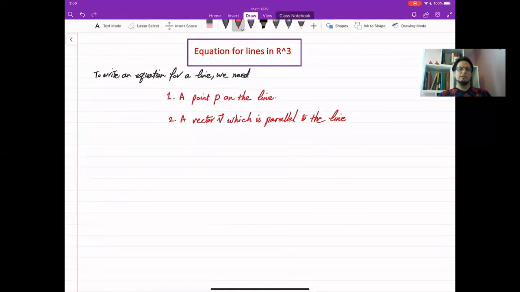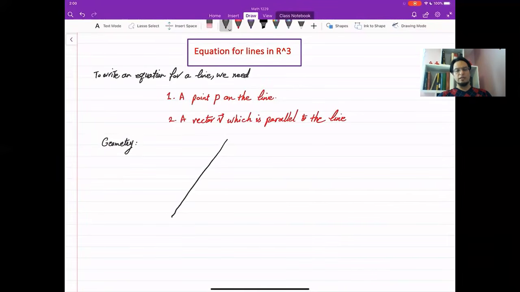Having these two objects for a line, what is the idea? How can we write this equation, or how are these describing points on the line geometrically? So let's see how we can use those to find points on the line.